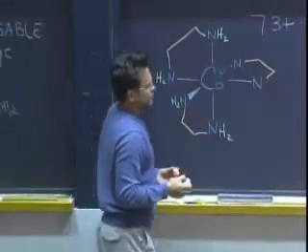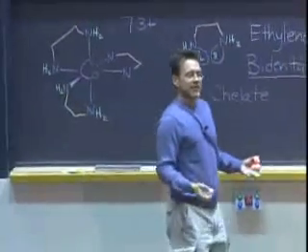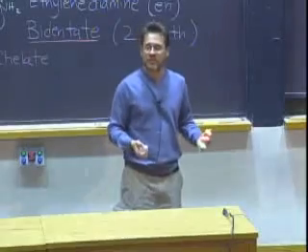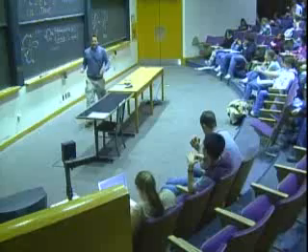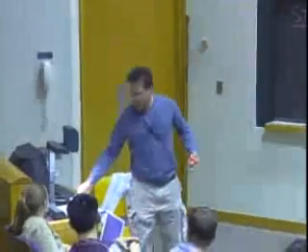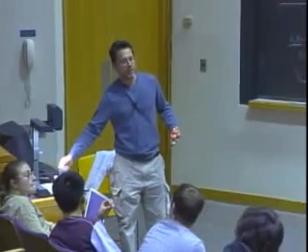Okay? And you're going to see that it's possible to have all kinds of different architectures for ligands in proteins or in synthetic systems. And the reaction that I carried out over here earlier was one in which I added 3 equivalents of a bidentate ligand to this solution of iron 2+.